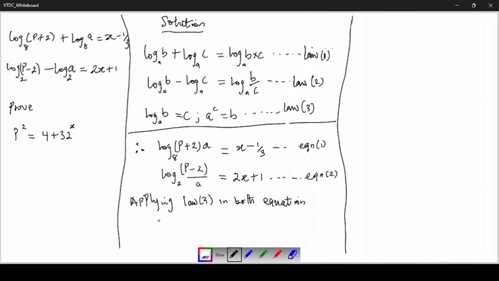If we were to apply law 3 in both equations, that would mean for equation 1, we're going to have 8 raised to the power of, all in the bracket, x minus 1 over 3, bracket close, is equal to.